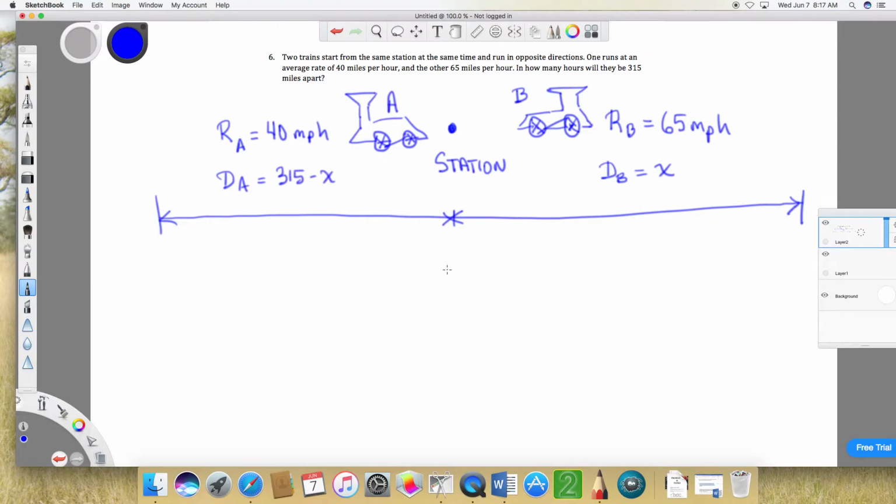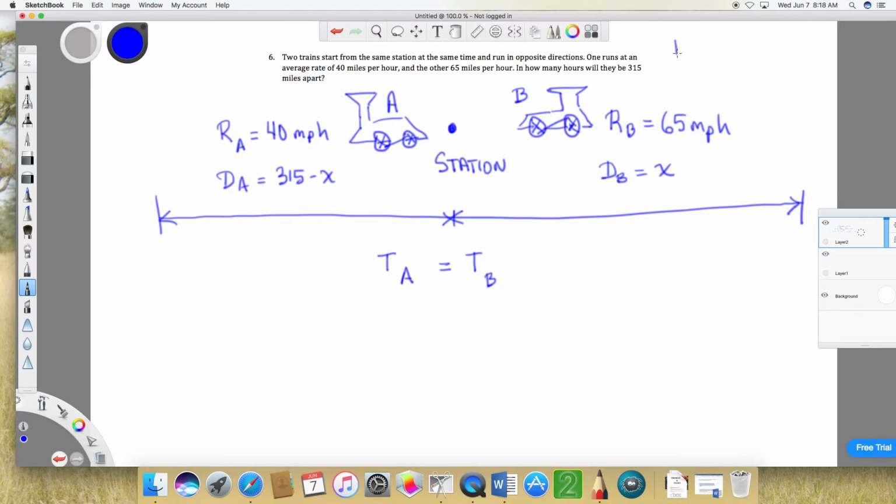All right, so what we could do, we know that they left at the same time and they traveled for the same length of time. So I know that the time that train A was on the tracks running is the same as the length of time that train B was moving on the tracks.